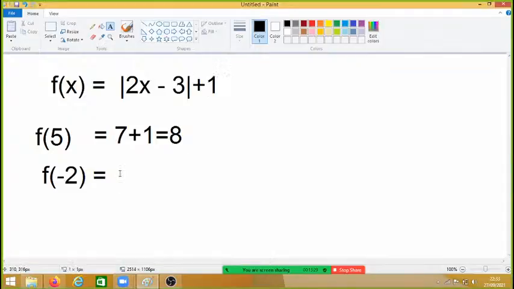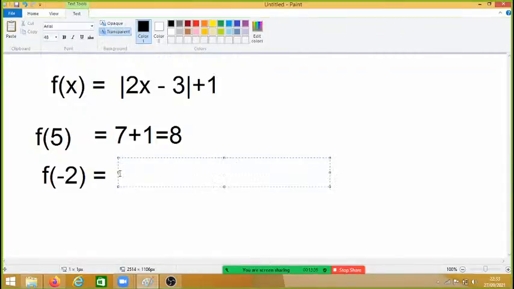The answer is 8. Well done to Aisha for getting that. So you've got 2 times minus 2, that's minus 4. Then take away the 3, and that's all in the modulus. So minus 4 take away 3 makes minus 7. And then we've got plus 1 on the outside. Minus 7, we just covered that before, so drop the sign, and we have 7 plus 1 makes 8.